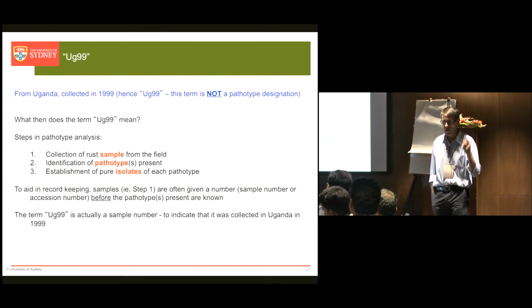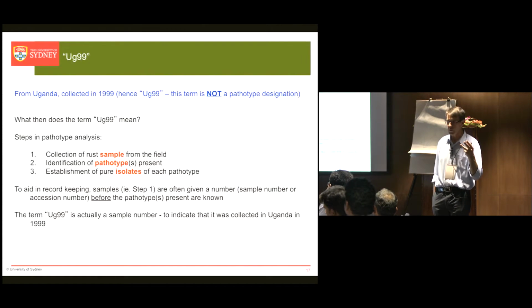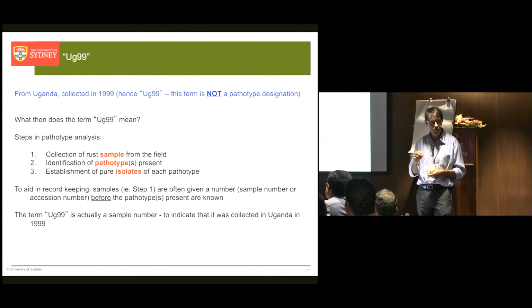He didn't know whether there was one pathotype there, or 2, or 3, or 10, or what they were. So he gave the sample a name, a reference number, and he called it ug99. That's how he came up with the term ug99. It's like an accession or a sample number. So that's what ug99 is. It's actually a sample number, not a pathotype designation.